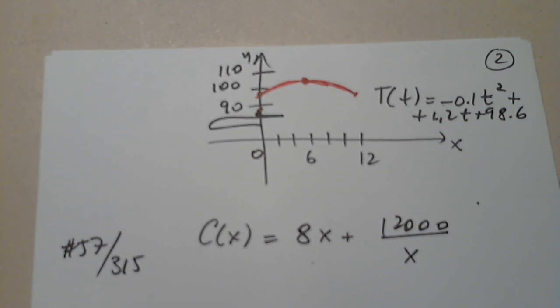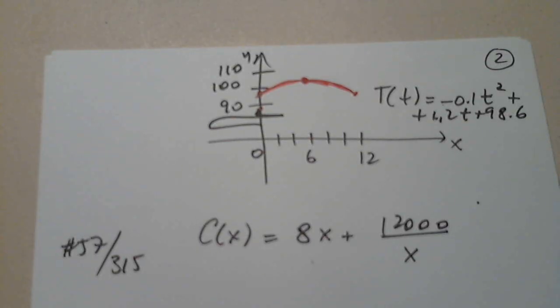Since C is the cost, and X is the length, obviously we're going to start at 0, but not even at 0, because why? I cannot even start at 0. If the length is 0, then I have no cost. And also 12 over X does not exist.